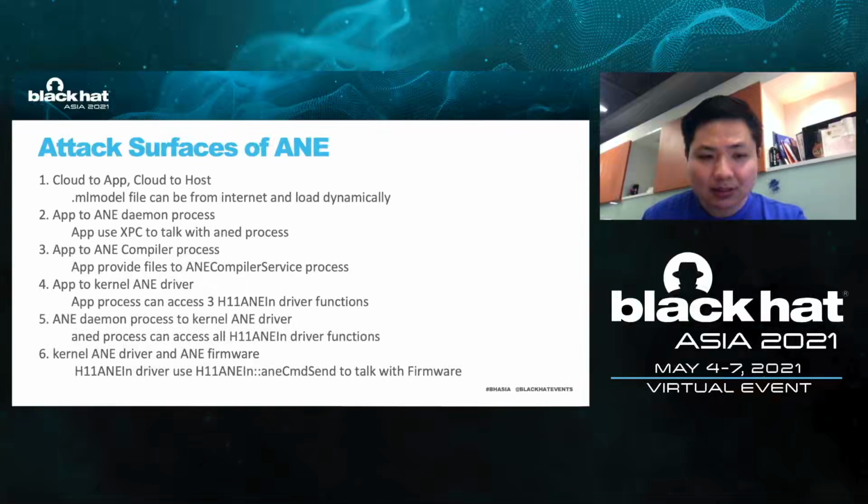The sixth attack surface is about the ANE kernel driver and the ANE firmware. There are also complex interactions between them. Using this attack surface requires that the attacker has obtained kernel permissions or ANE firmware permissions.